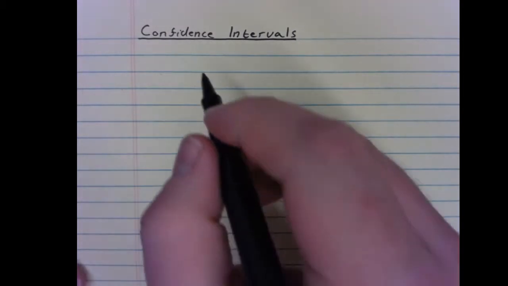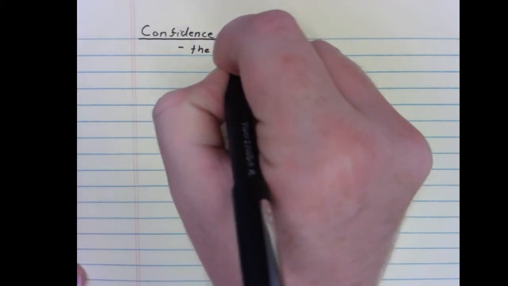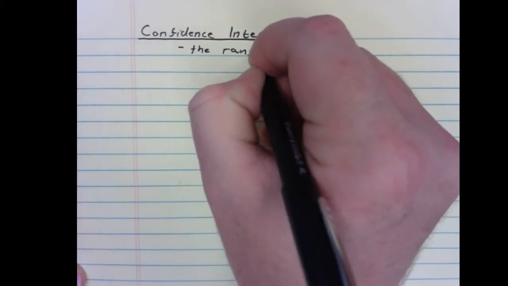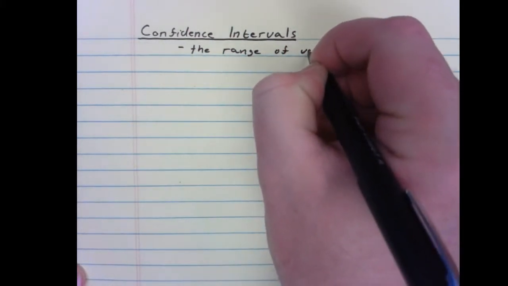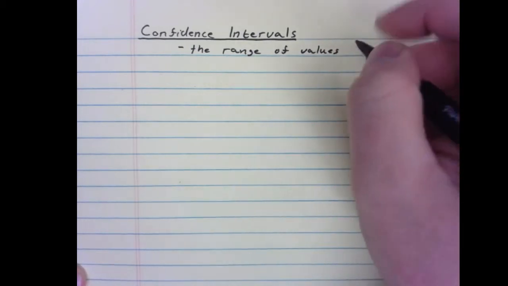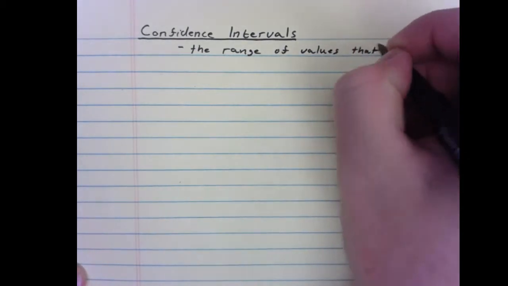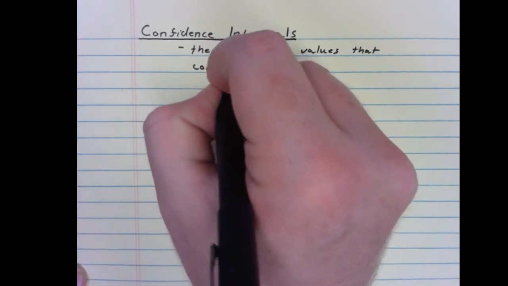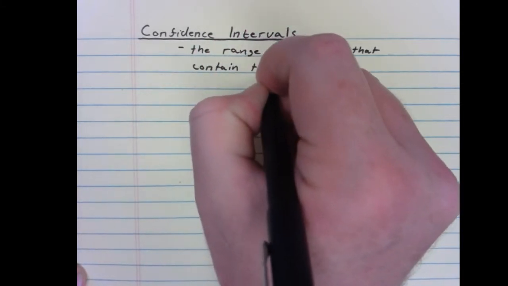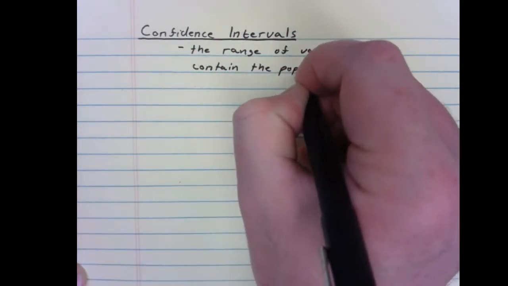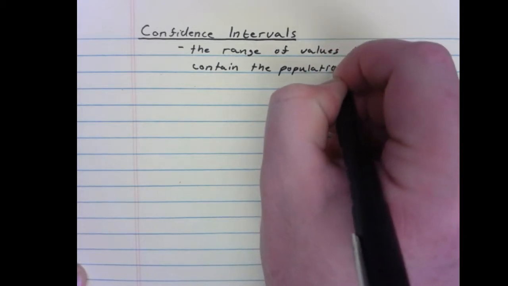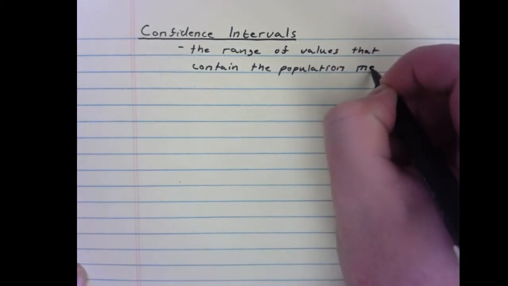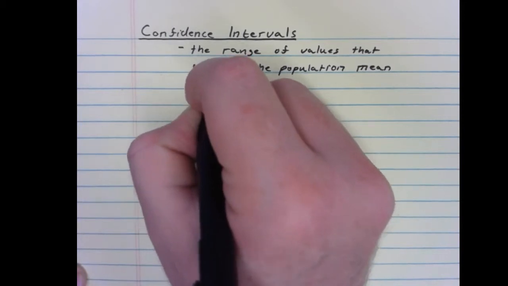So it is the range of values that contain the population mean with a given probability.